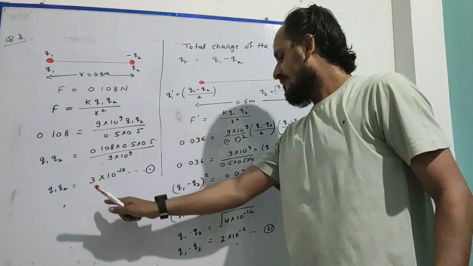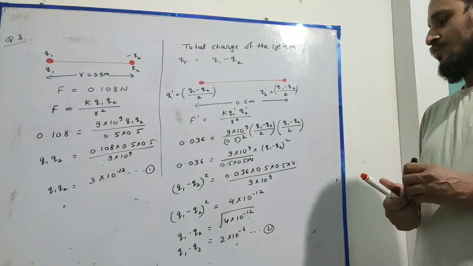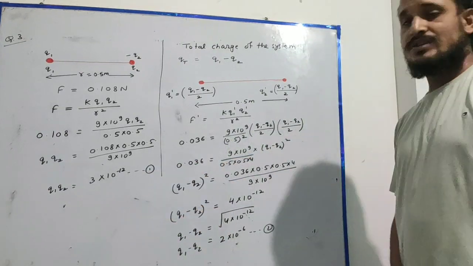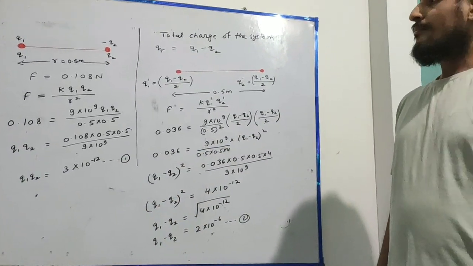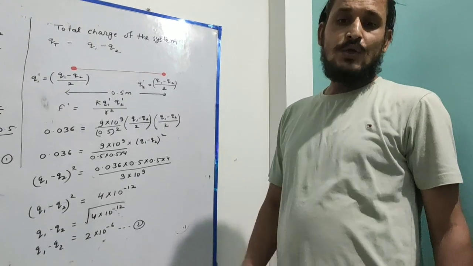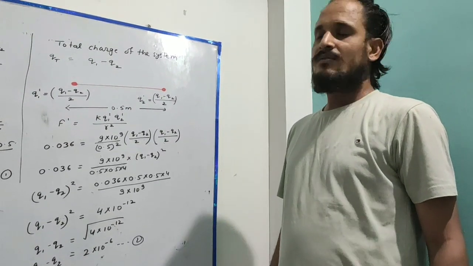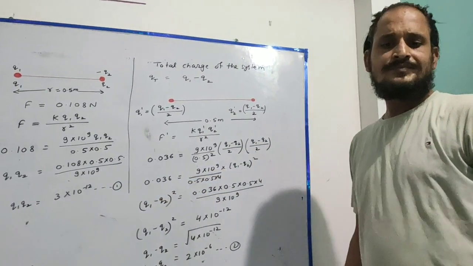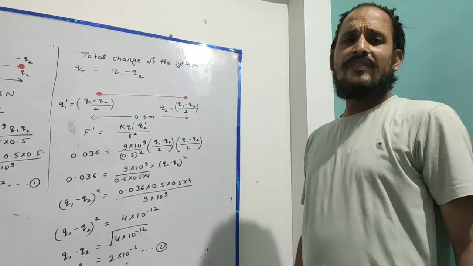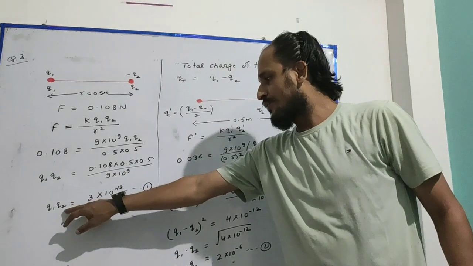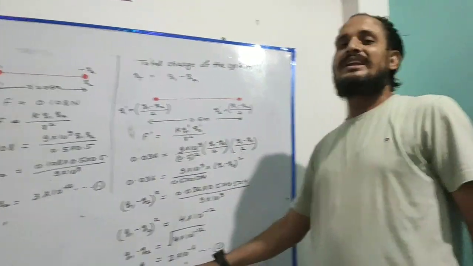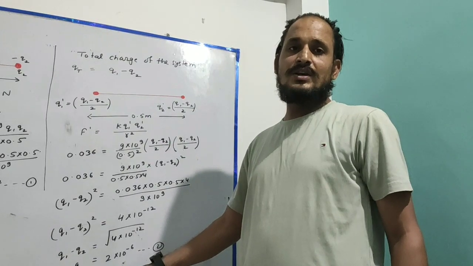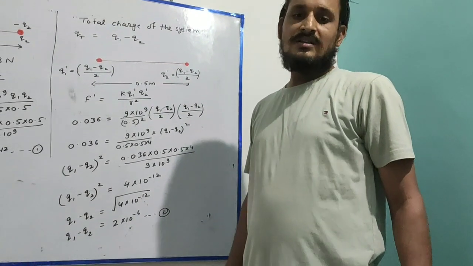Equation number 1, equation number 2. We will solve these two equations to find the answer, but remember there are two solutions for this. First, you can use a mathematical identity, or you can just put the value of Q1 from this relation into this, and you will get a quadratic equation. If you use the quadratic equation, you will find the answer.